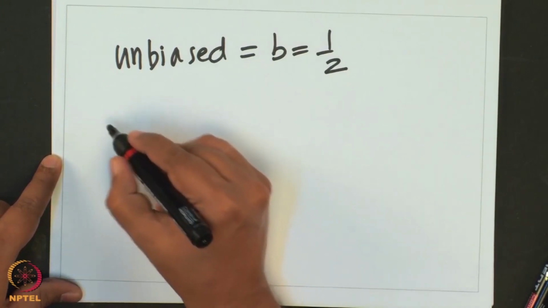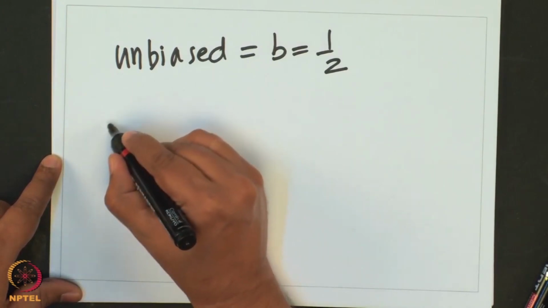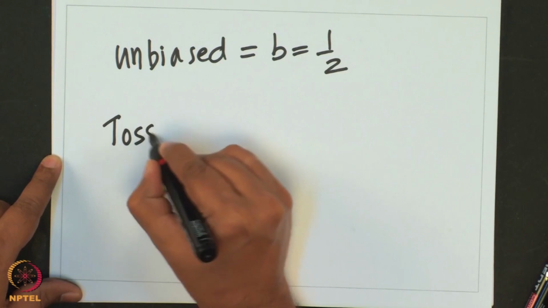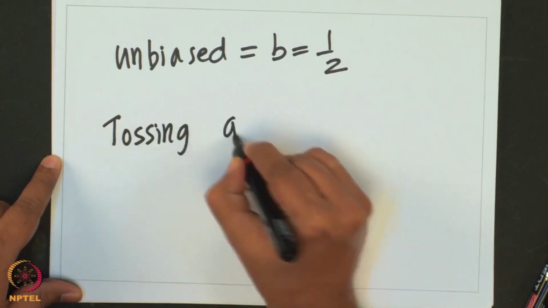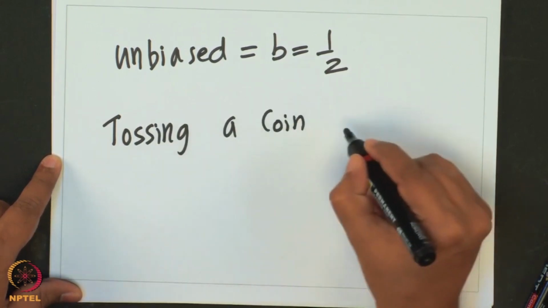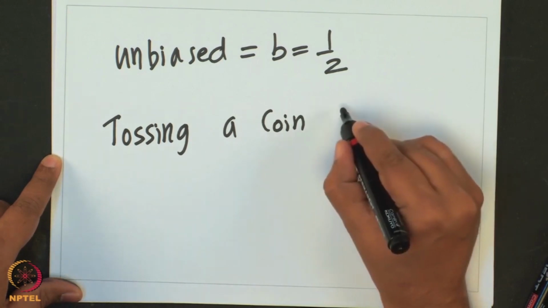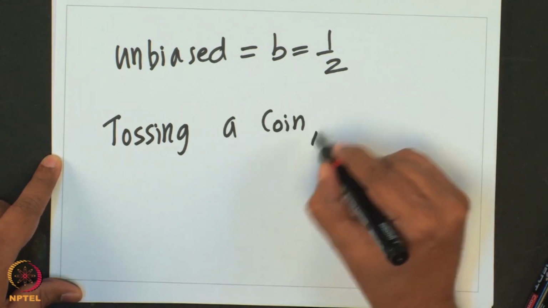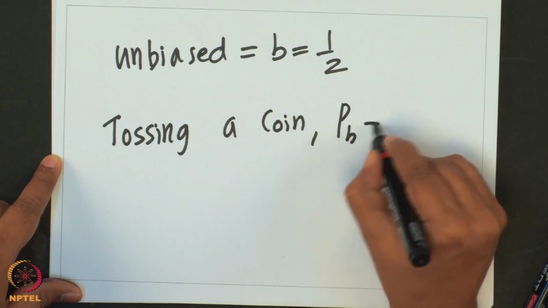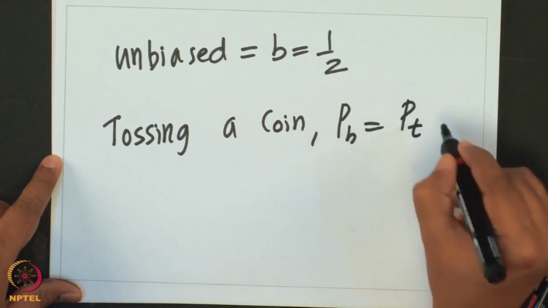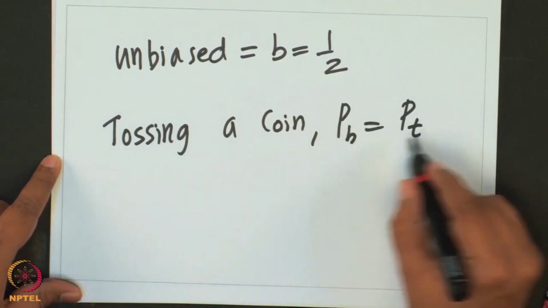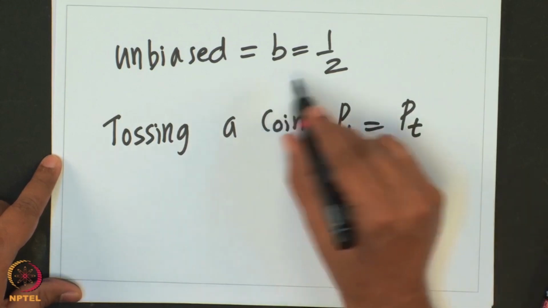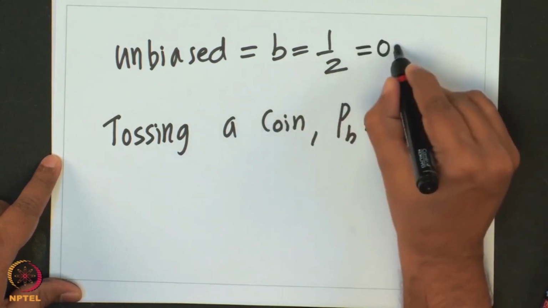Examples of the unbiased situation, where b is equal to half, are tossing a coin. The probability of head is equal to the probability of tail. Therefore, this is completely unbiased, and b is equal to half, which is 0.5.